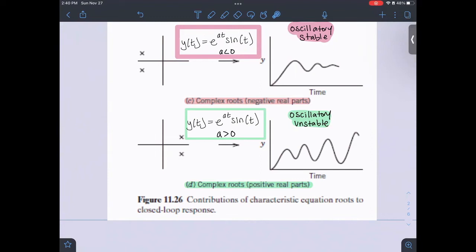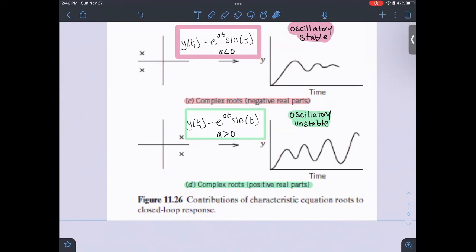Here we can see that a is greater than 0, and again, a is the real part of our complex root. Looking at the function, it's still going to oscillate because of our sine term, but it is going to be unstable because that e to the at term is not going to stabilize the system.